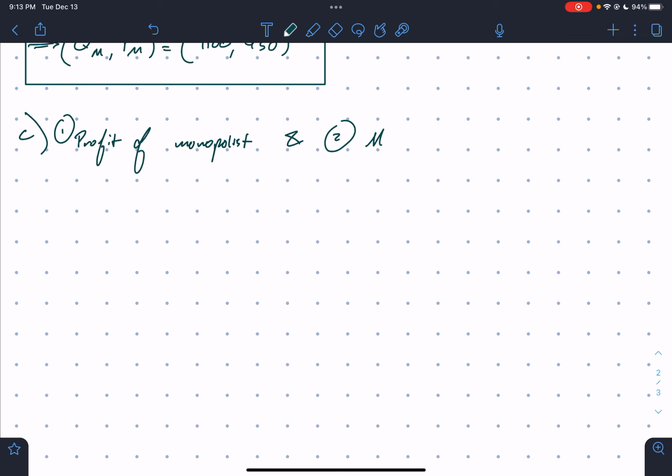And secondly, we're going to find the margin, also known as the markup.